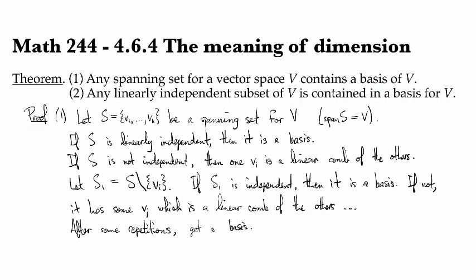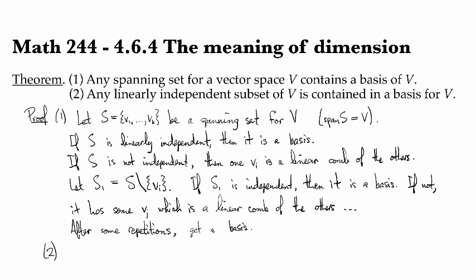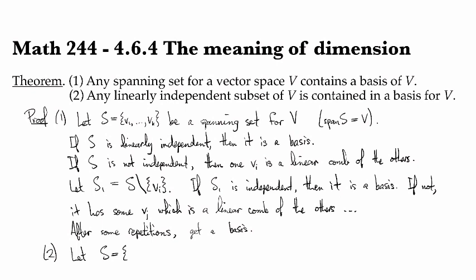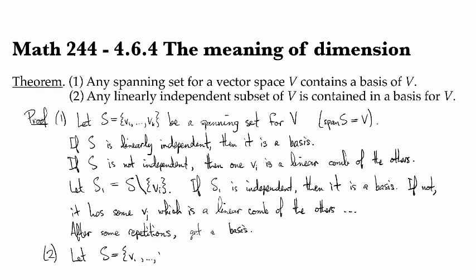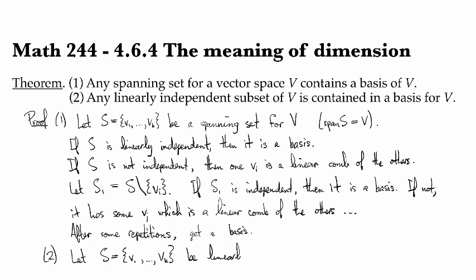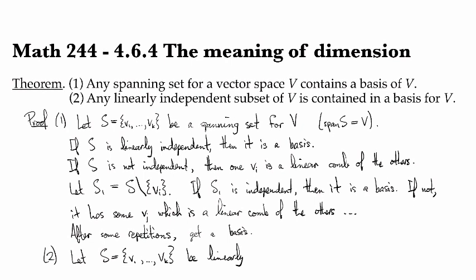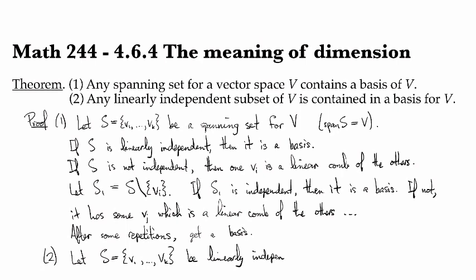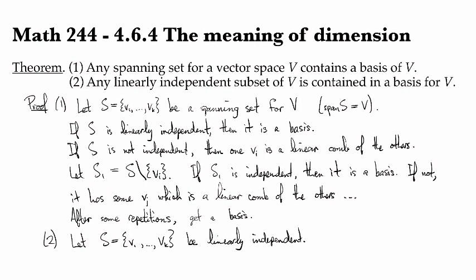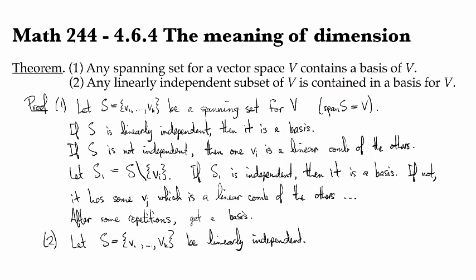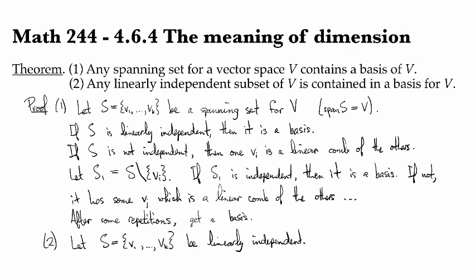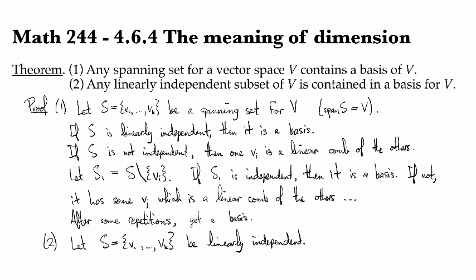Okay. So now let's look at the other one. Suppose we have a linearly independent set. And I should mention, by the way, that these proofs I'm giving you for both cases are for when the vector space is finite dimensional.